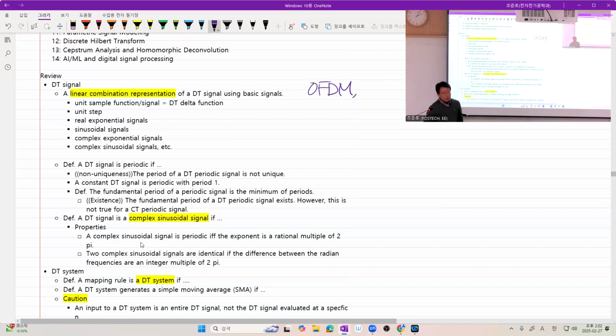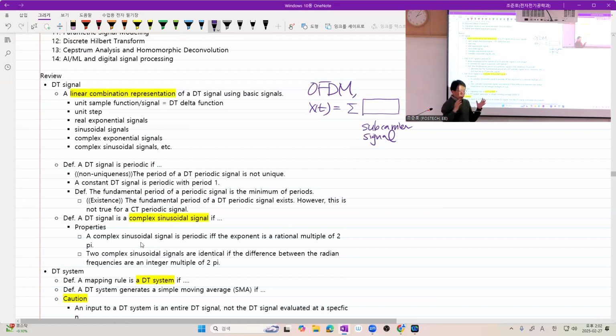And this OFDM signal that is extracted from our antenna can be well approximated by a real valued bandpass signal, but it can also be decomposed as a summation of multiple subcarrier signals. And each subcarrier conveys a stream of data symbols.